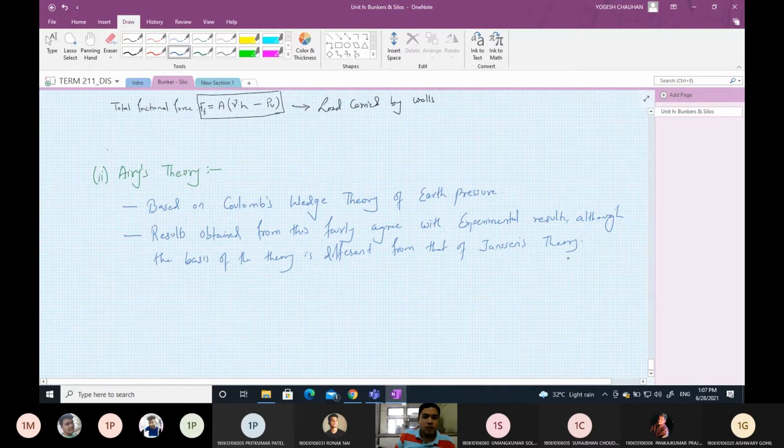Now, using Airy's theory, the horizontal pressure per unit length of the periphery and the position of the plane of rupture can be determined.